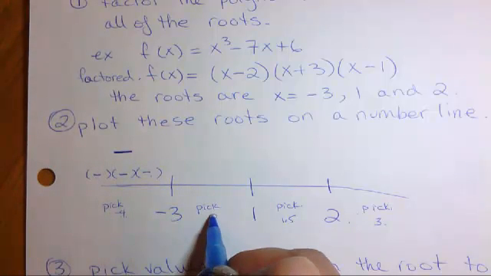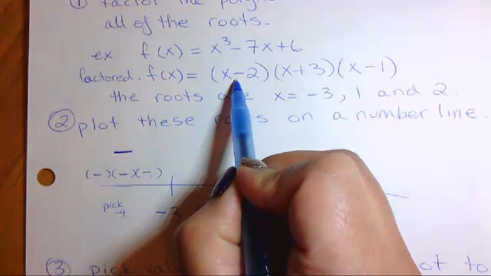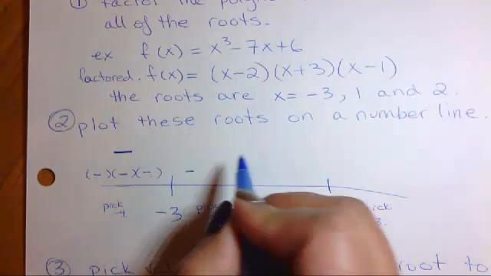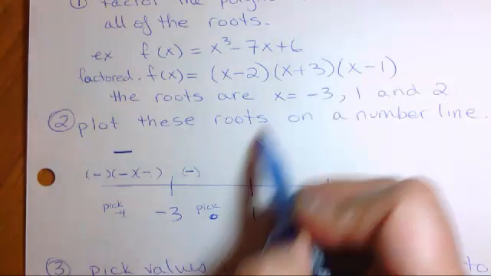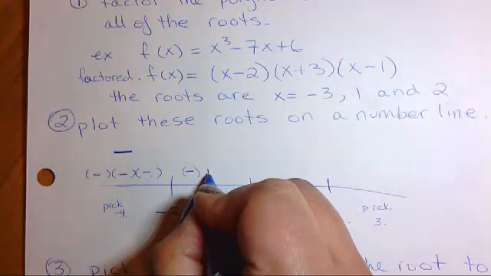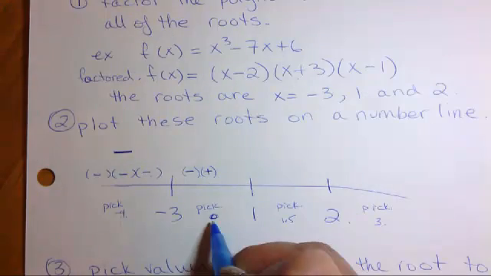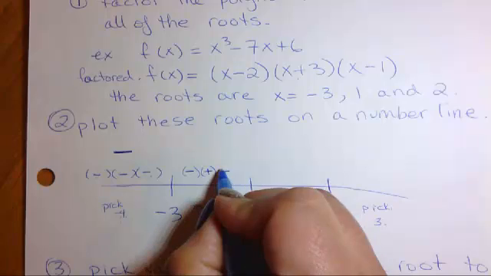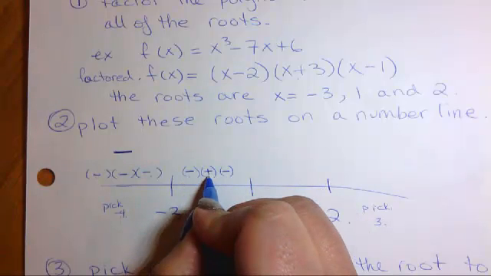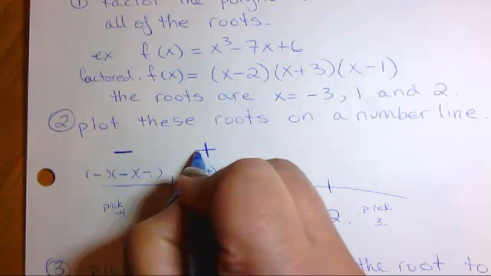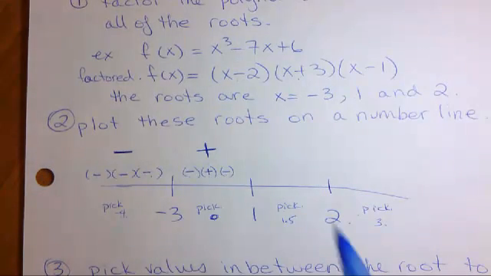Now here we're going to pick 0. So let's plug 0 into this first bracket. What do we end up getting? Well, we get negative 2. I just care about the negative. Putting 0 into this bracket ends up giving us a positive number, positive 3. And putting 0 into this third bracket gives me a negative number. Now, negative times negative equals positive, so that's what I end up with there.